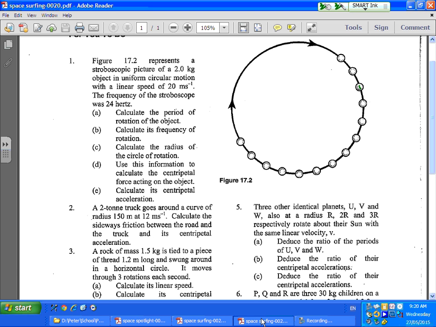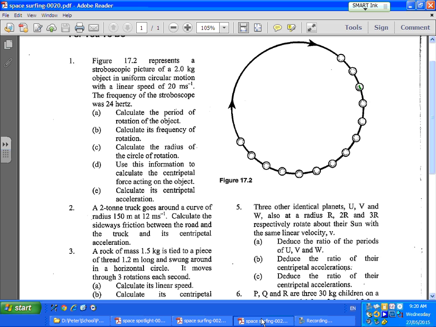We're given a linear speed, and we're given a frequency of 24 hertz. 24 flashes in a second.